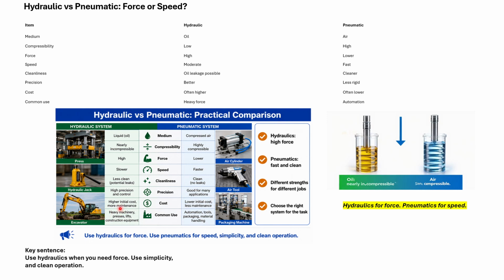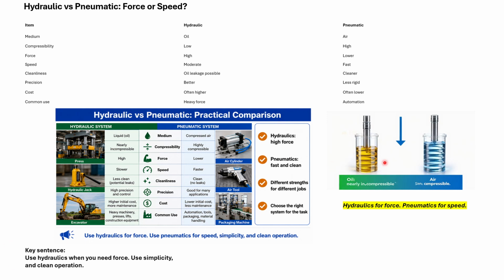Hydraulic system: higher initial cost, more maintenance. Pneumatic system: lower initial cost, less maintenance. Hydraulic: heavy machinery, presses, lifts, construction equipment, which you can see all around the world. Pneumatic: automation, tools, packaging machines, material handling.